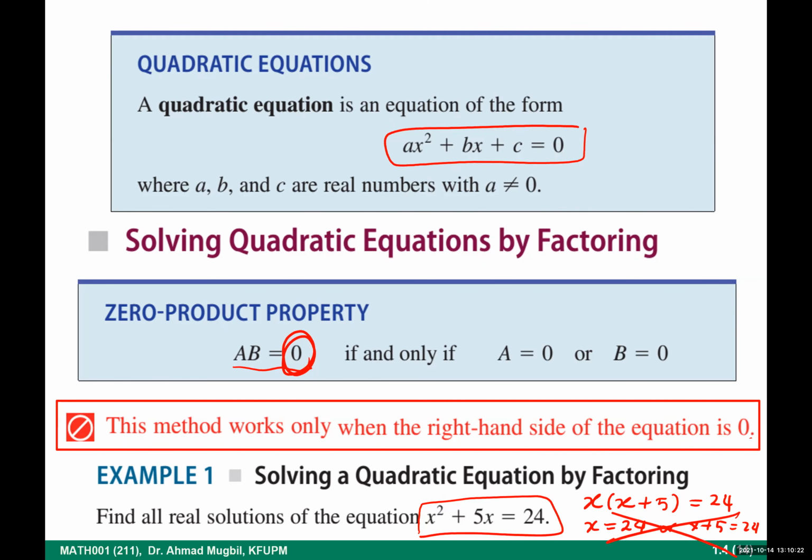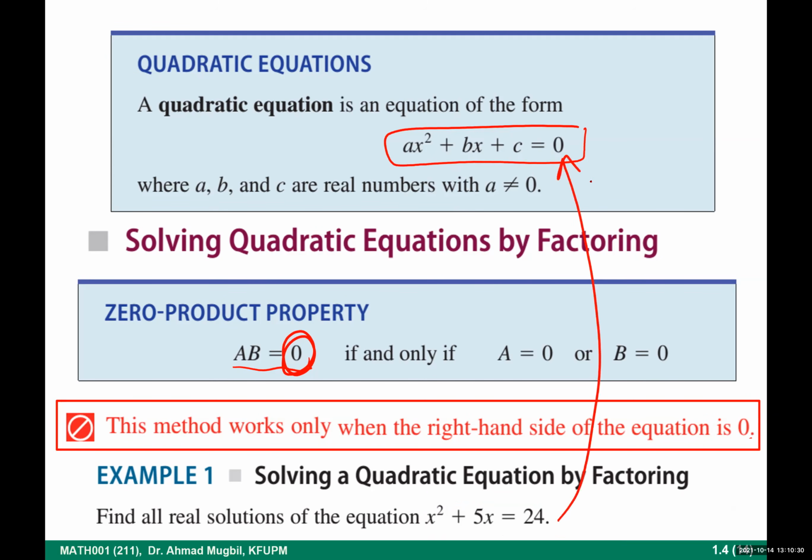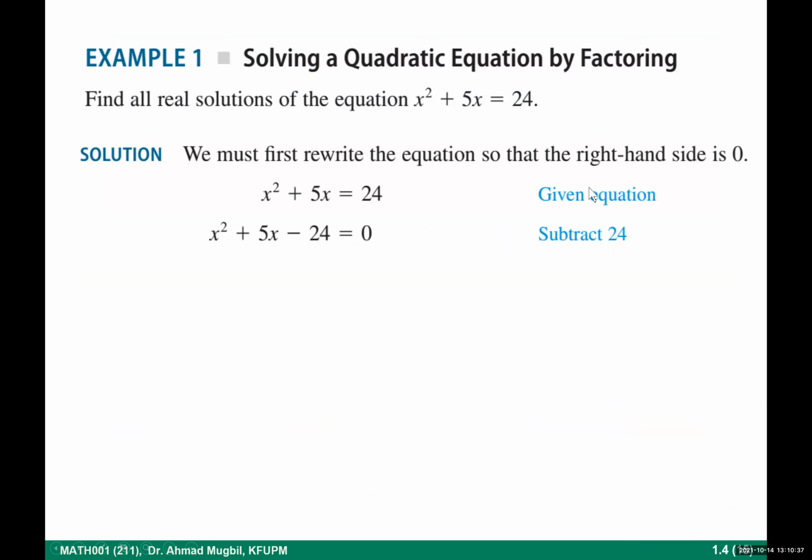Be careful about this. So to solve this equation, what do we need to do? We need to write it in the standard form. So we will eliminate the right-hand side and make it zero. We will add negative 24 to both sides, or subtract 24 from both sides. Now we will try to factor the left-hand side. We need two numbers whose product is negative 24 and whose sum is 5.